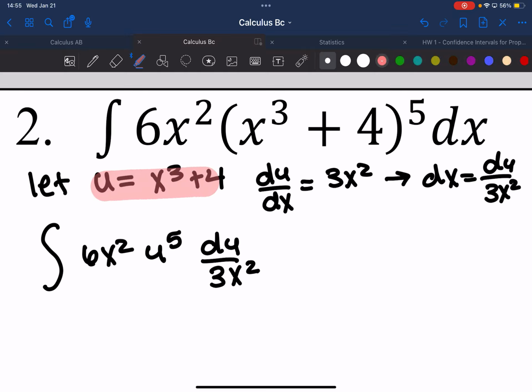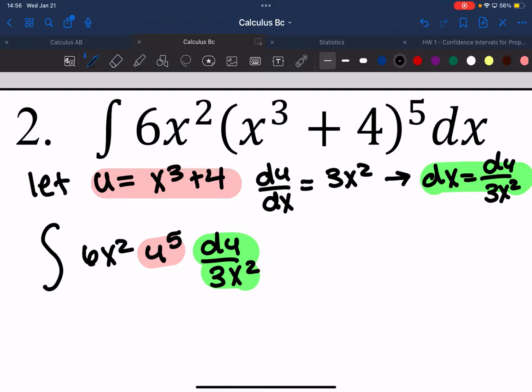Okay, so again, that's me plugging in u, and that is me plugging in dx. Notice when plugging in the dx, is everything in terms of u? No. So with that second rule saying that we hope that our u value, when you take the derivative, will cancel something out, we see that it does here. It cancels out the x squared.